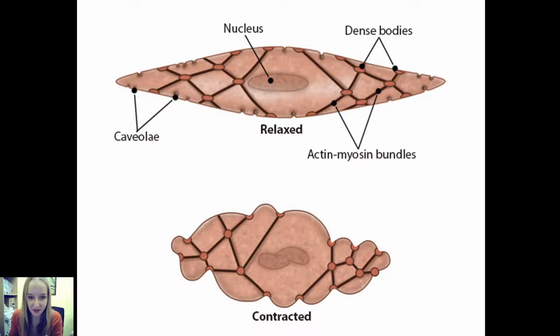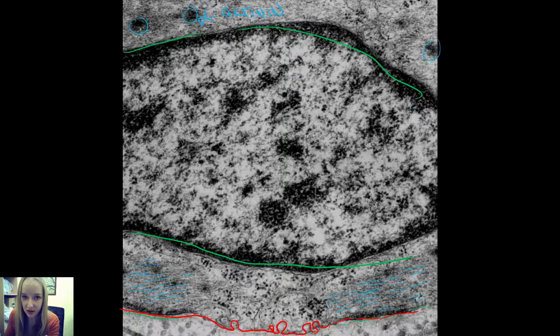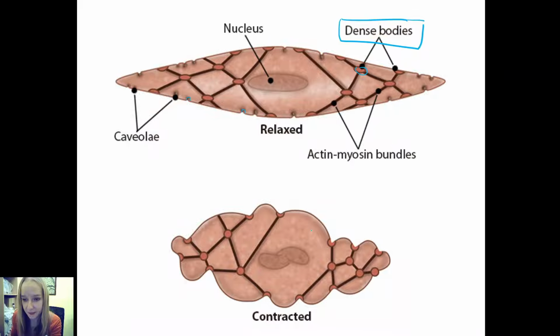And here we have these caveolae, which are invaginations of the membrane right here. So these were the dense bodies, which were connecting thin filaments together. Dense bodies over here, connecting actin filaments.